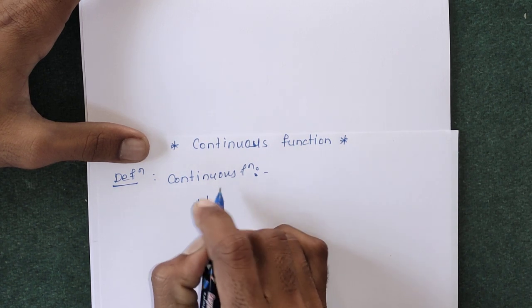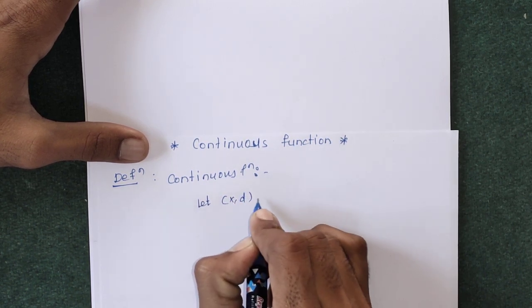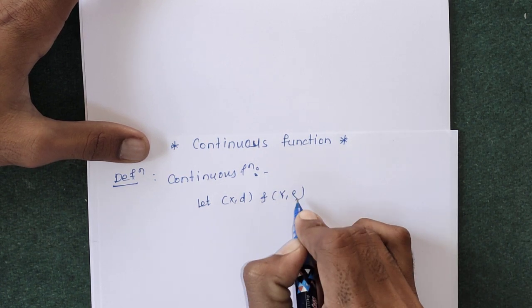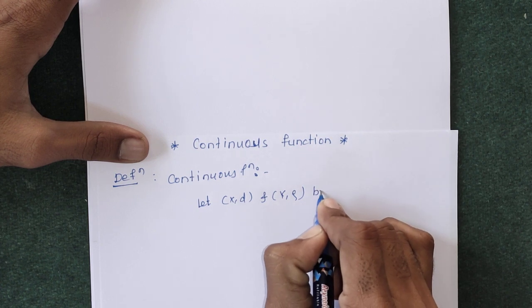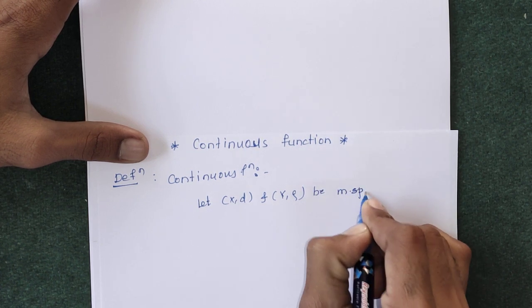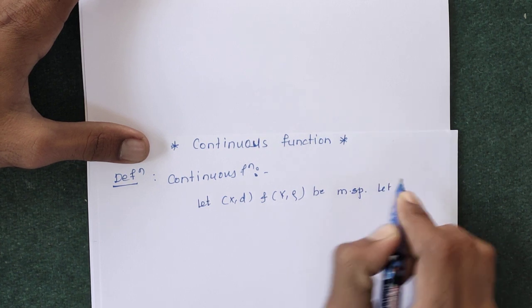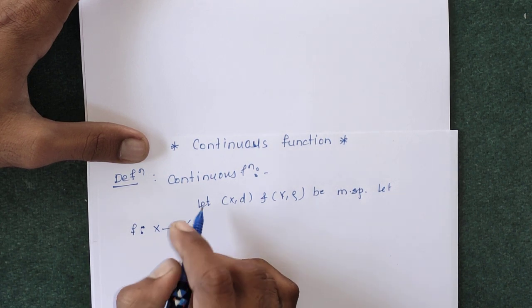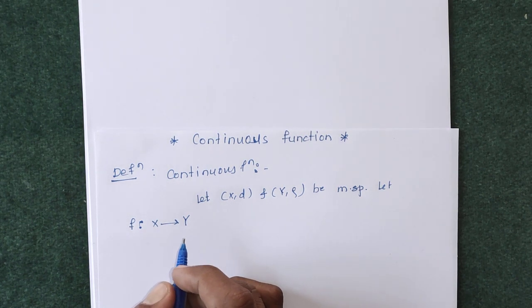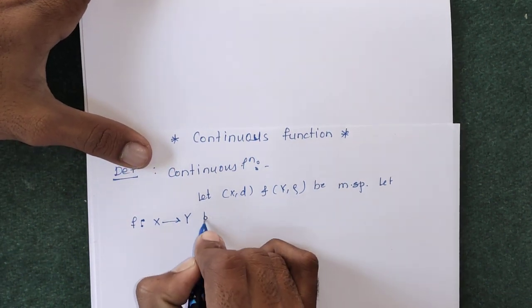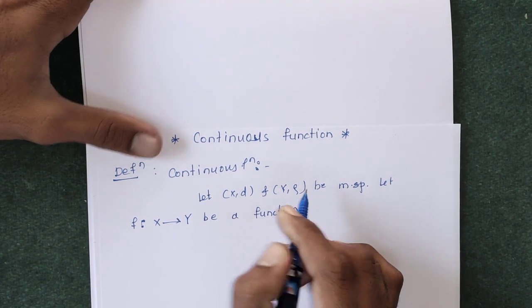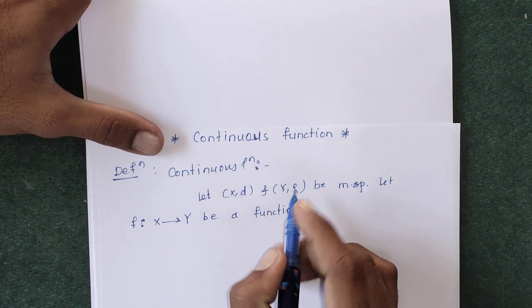So let (X, d) and (Y, rho) be metric spaces, and let f from X to Y be a function.